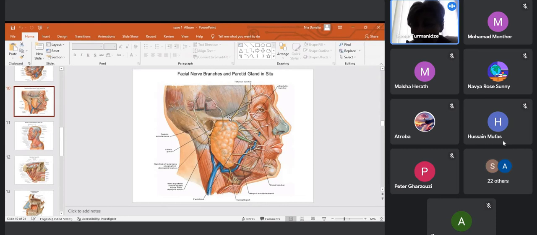We have told that the deep fascia of the face, proper fascia of the face, is divided into what? Superficial layer and deep layer, yeah? The superficial layer of the proper fascia, which covers the parotid gland, that part of the fascia is called the parotid fascia.